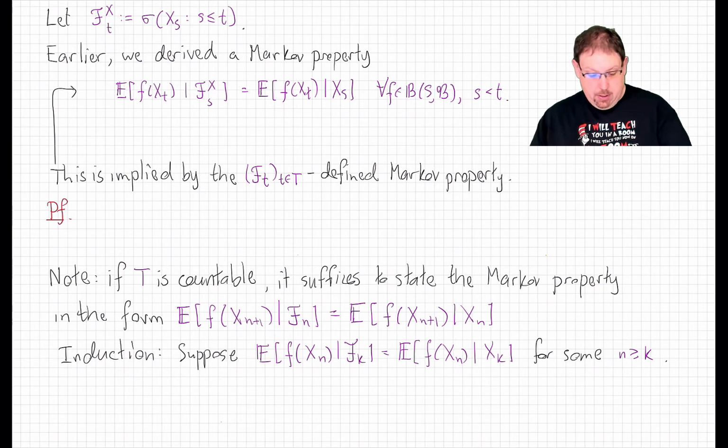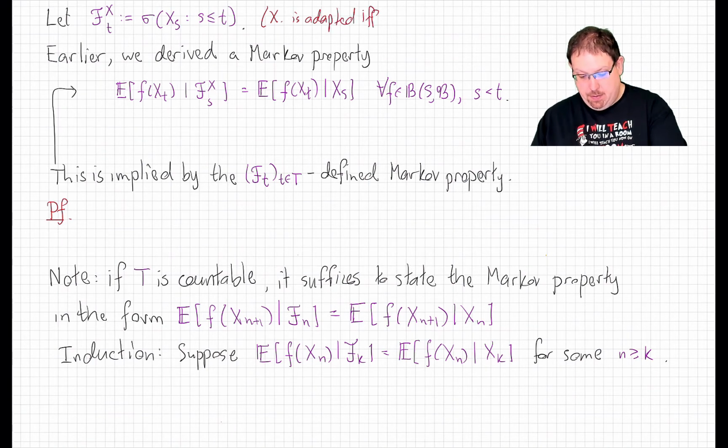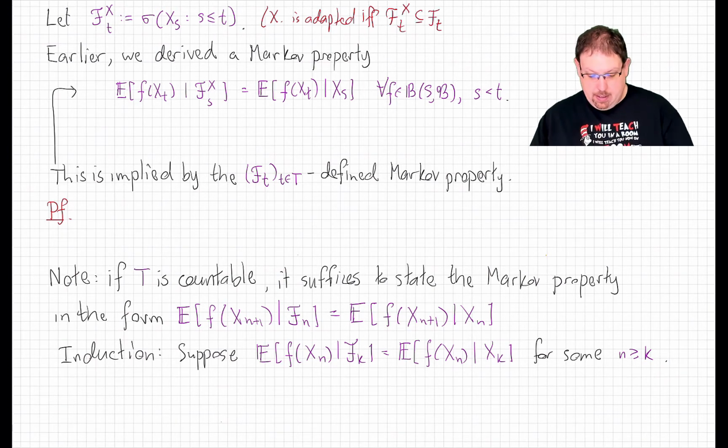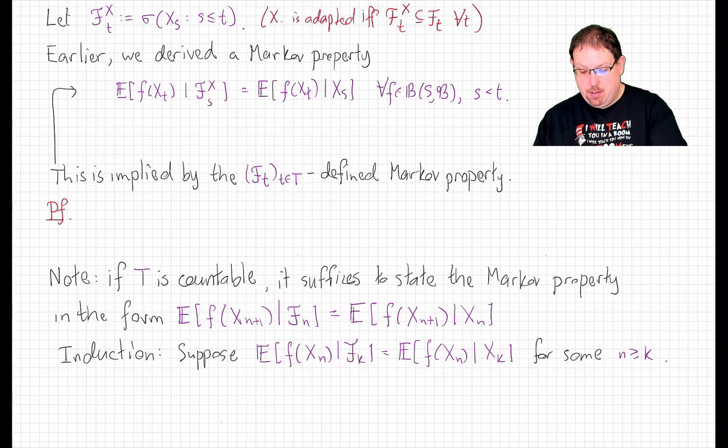In this language, saying that a random process X is adapted is the same thing as saying that the sigma field that it generates up to time t is contained in the filtration sigma field at time t for all t. Now, this brings up a technical point because the Markov property with respect to this sigma field isn't the same as the Markov property with respect to a sigma field that we started with.